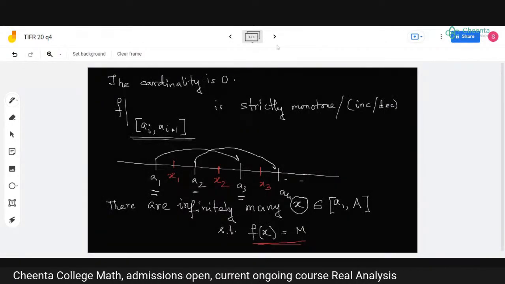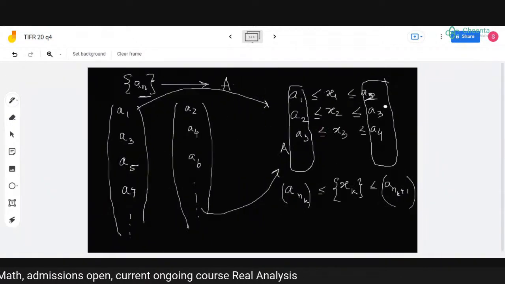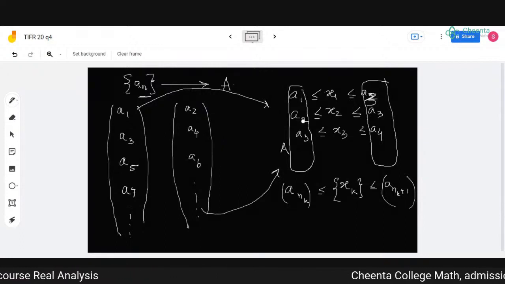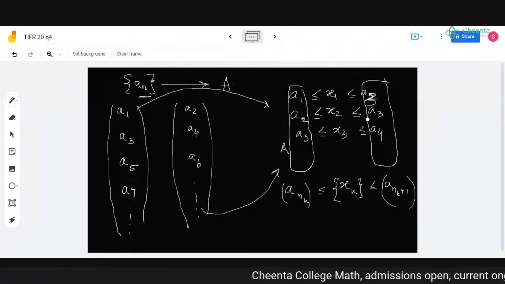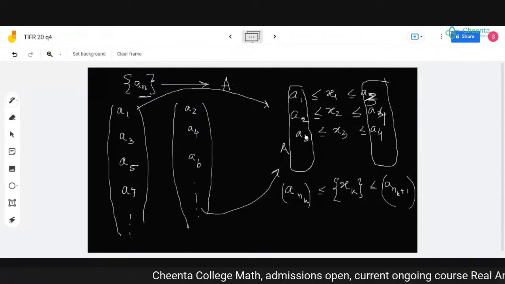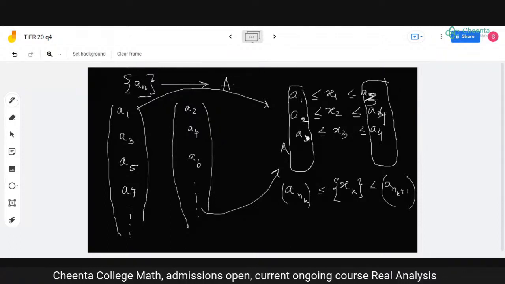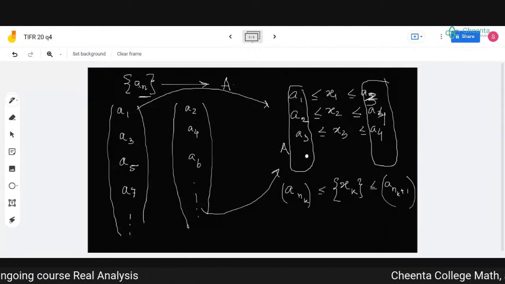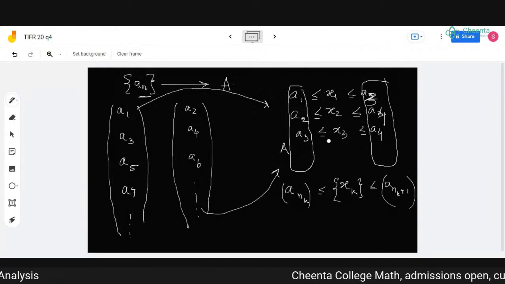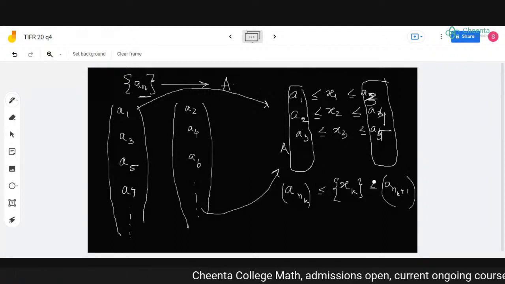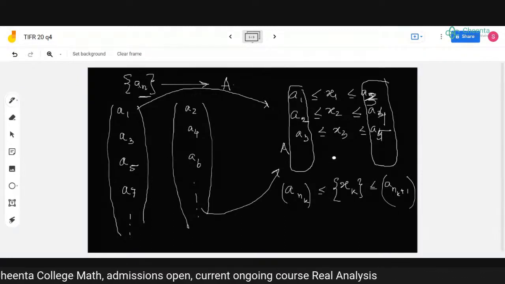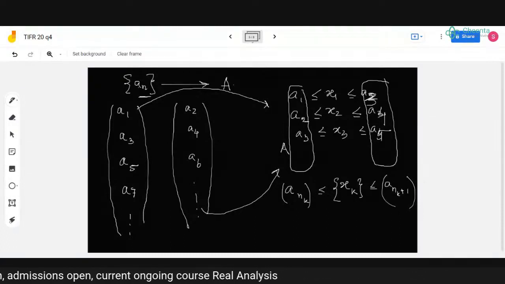You can take these like this. This way you can also construct two subsequences.